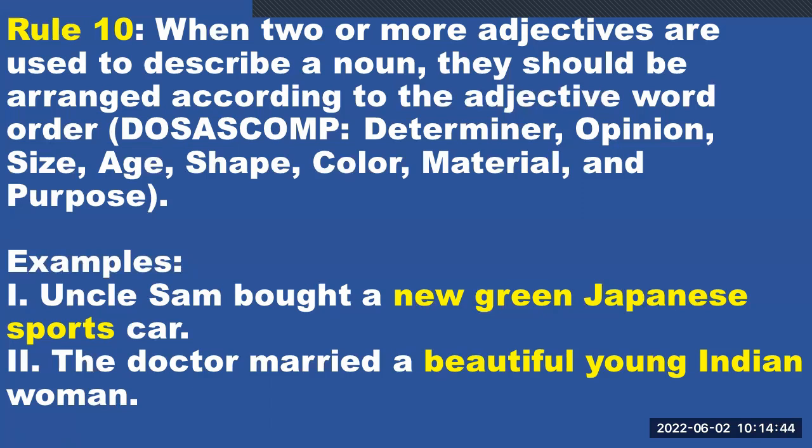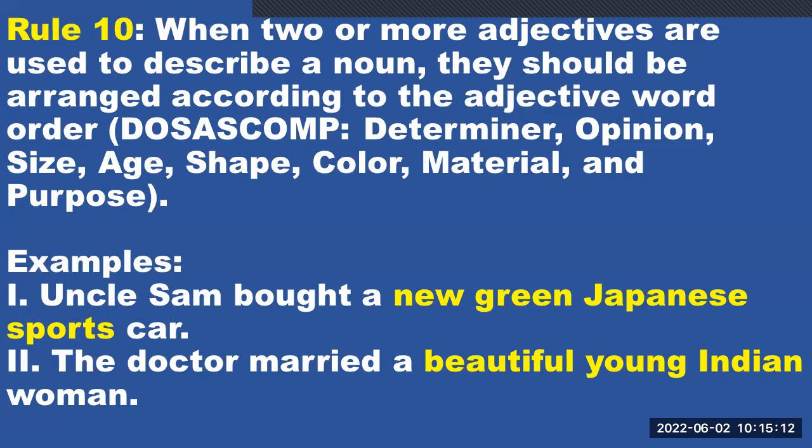Whenever you have two or more adjectives to describe a noun, there is a rule that applies when deciding which adjective comes before the other. And sometimes, people get confused. If I'm using new and green and Japanese to describe a car, which one comes first?